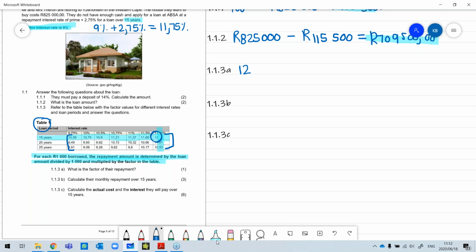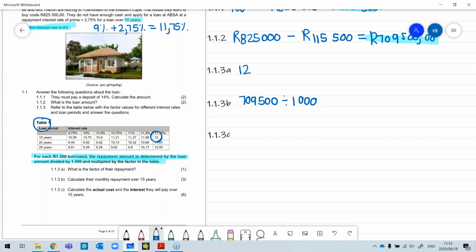Question 1.1.3b. Calculate their monthly repayment over 15 years. At this stage, that piece of information that I highlighted, the section printed in bold, becomes important. It tells us for each R1,000 borrowed, so that means the 709,500 rand borrowed, we divide it by 1,000.